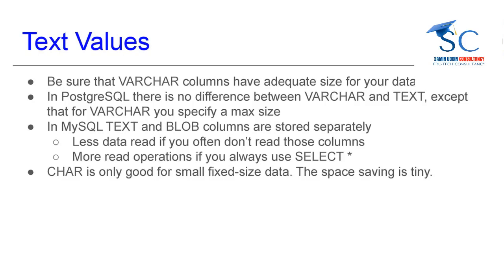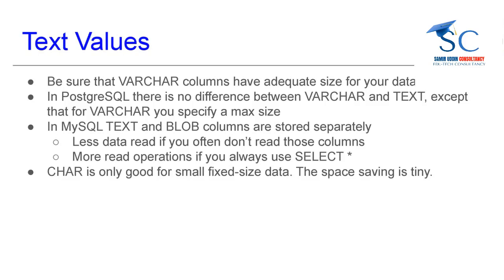In PostgreSQL, there is no difference between varchar and text, except varchar has a specified max size. In MySQL, text and blob columns are stored separately, internally. So it is transparent to your queries, but they are written in separate memory pages.